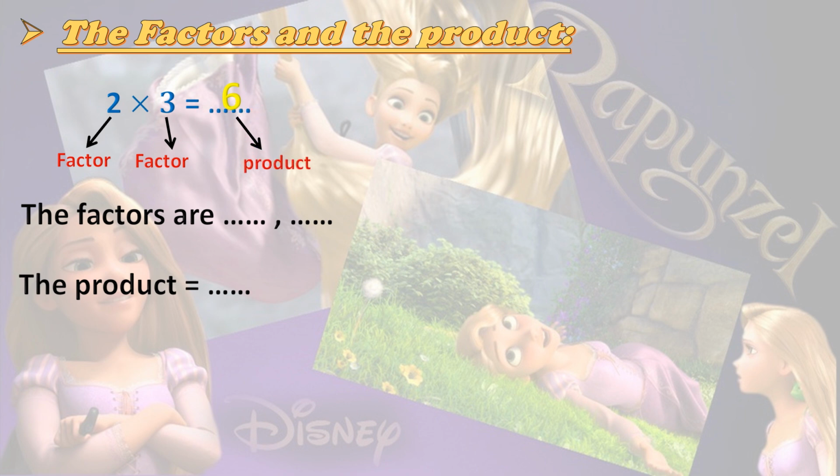So that means factor times factor equals product. So here the factors of 6 are 2 and 3. So what is the product? Yes, the product is 6.